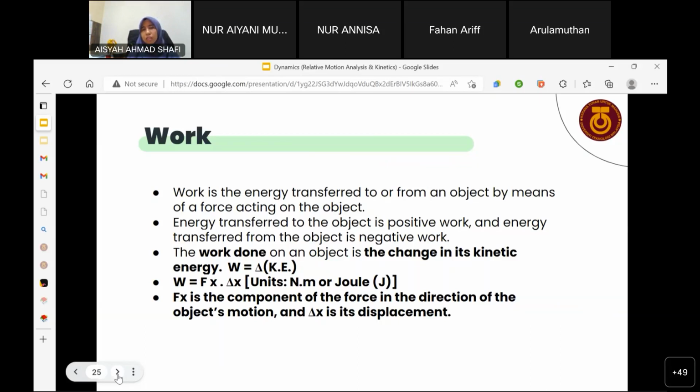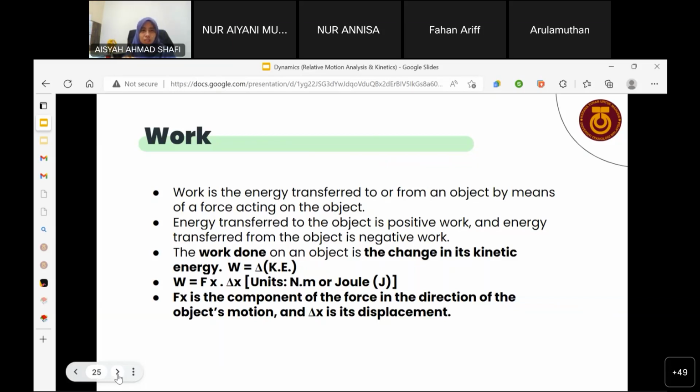Okay, so this is not the direction, but it is a process. So one definition is when it is transferred to the object it is considered positive work, and when it is transferred from the object, it is negative work.